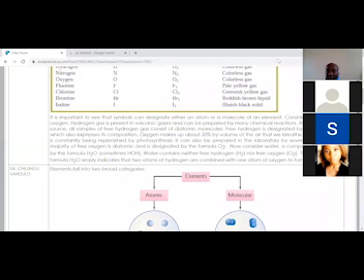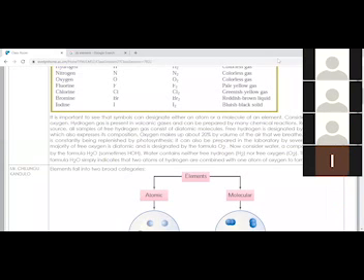Is silicon a metal or non-metal? It depends, because silicon is a metalloid. It has properties of metals and non-metals.